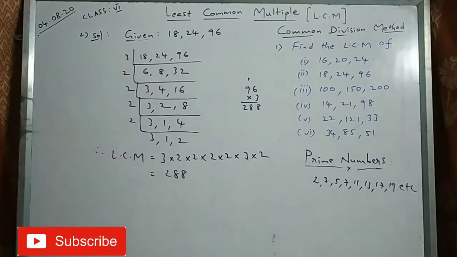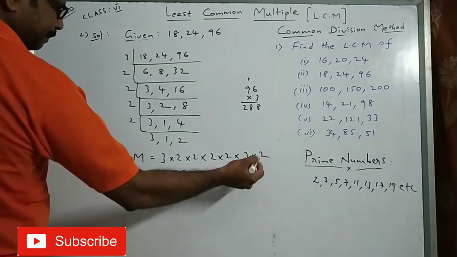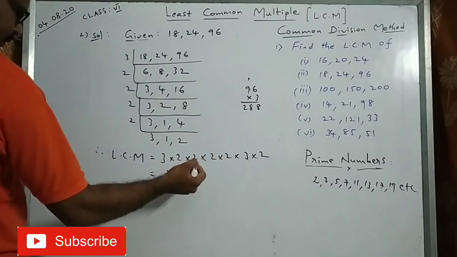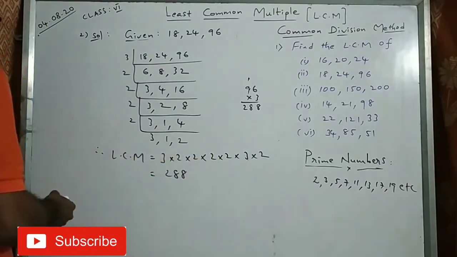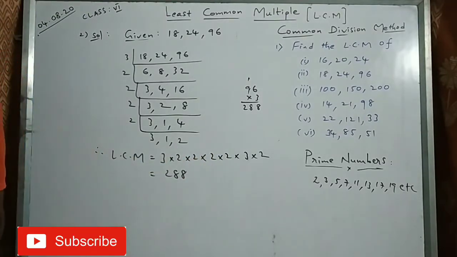Okay? Correct? Multiply and check it. That's all. Clear? That is the way we do the LCM.